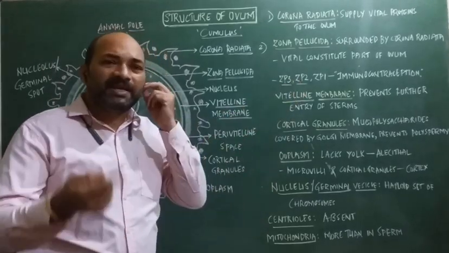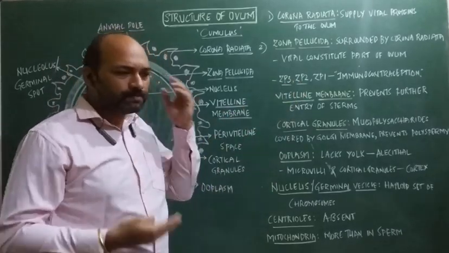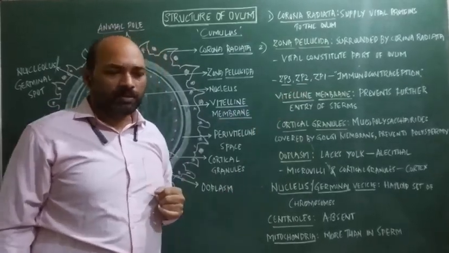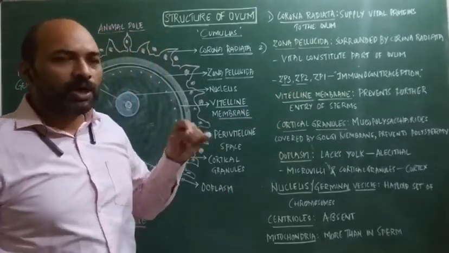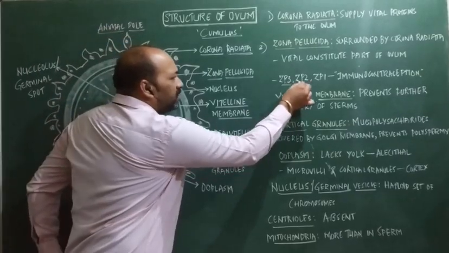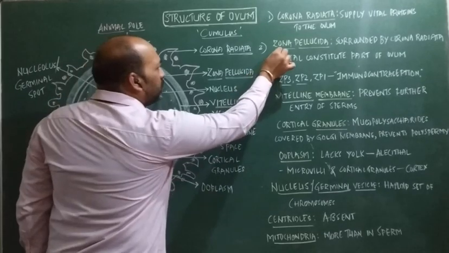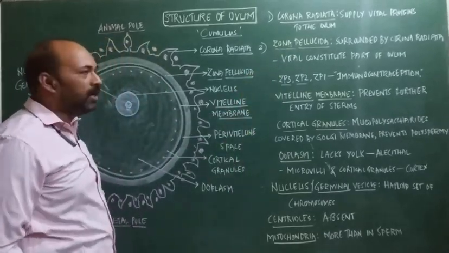ZP2 mediates subsequent binding of the sperm. Thereafter, ZP1 acts as a cross-link between ZP3 and ZP2. So this is about the zona pellucida.